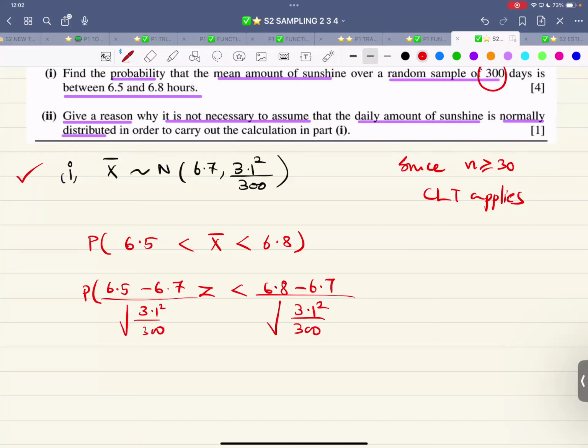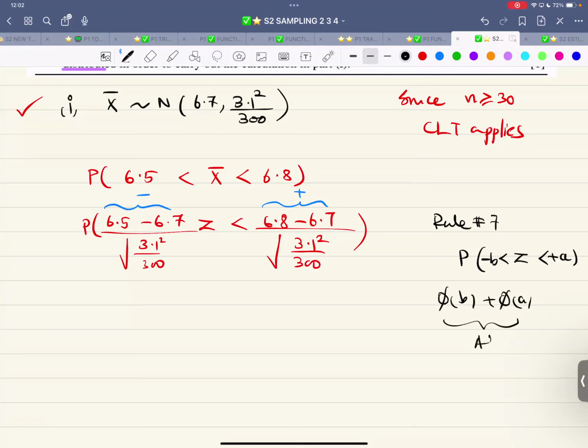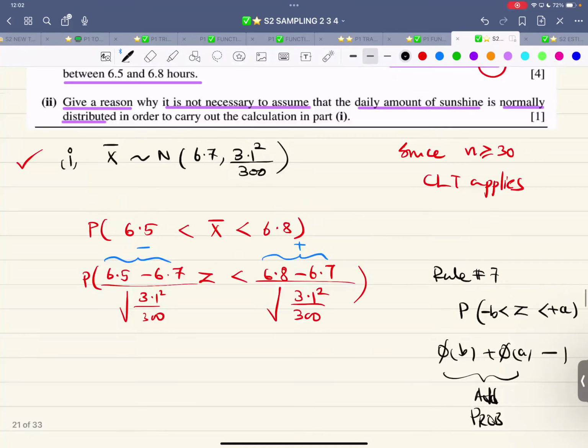Now we can see that the numerator is positive, and we can see the numerator is negative. That means what we need to do is apply rule number 7, which says if probability Z lies between 2 values, negative B and positive A, we read the table for B, we read the table for A, we calculate the probabilities, we add up the probabilities, not the Z values, and then subtract 1. So that is the rule that is applied over here.